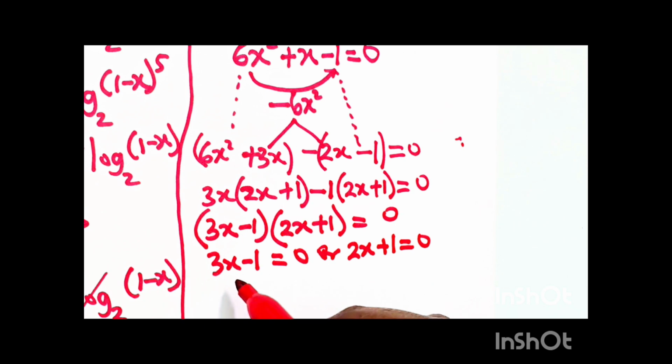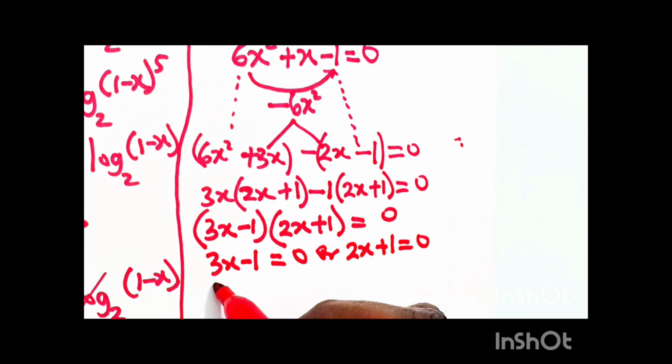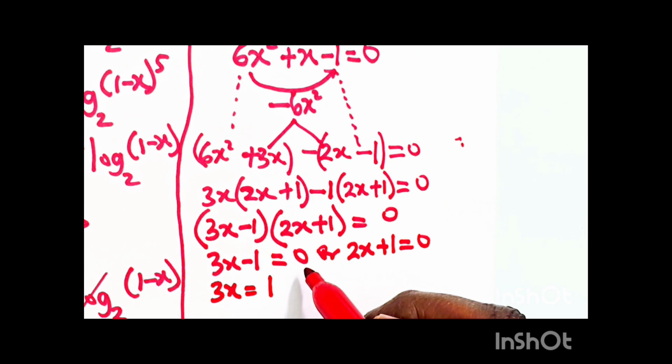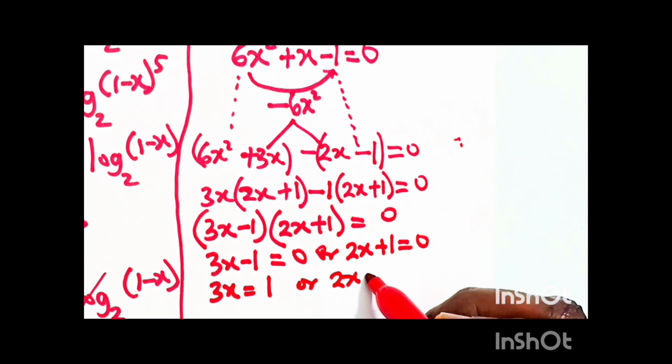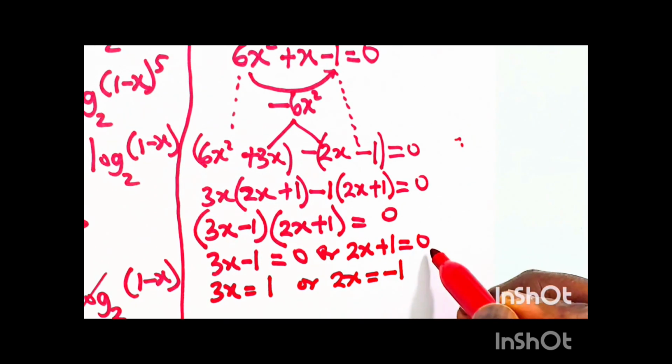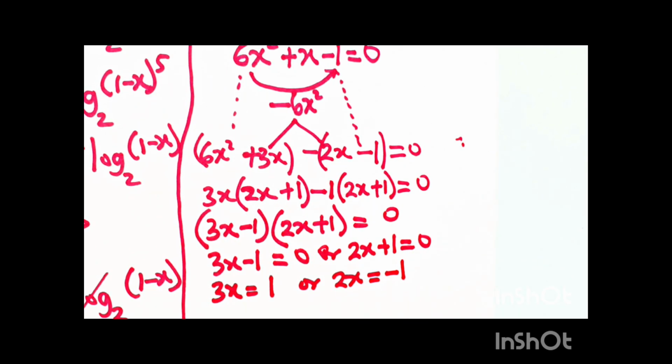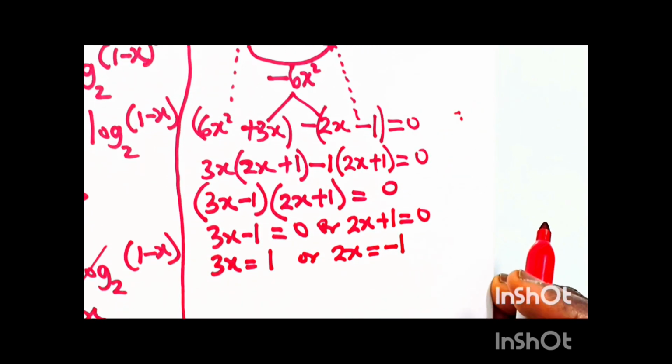So in that way, collect the like terms. We have 3x equals 1 because this is going to the other side, or you have 2x equals minus 1. This is going to the other side. But to be honest, we only need x, not 3x or 2x. So in that way, we have to divide both sides.